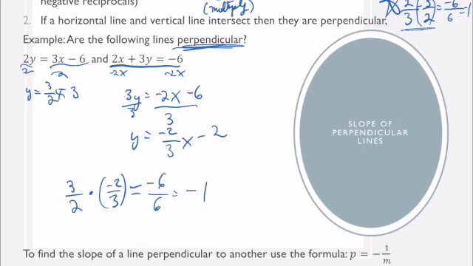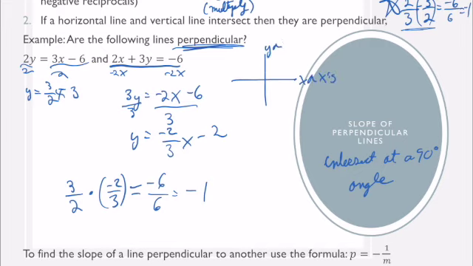So these lines are perpendicular, meaning they intersect at a 90-degree angle. I didn't say that, did I? Okay, perpendicular lines intersect at a 90-degree angle. So like my x-axis and my y-axis, those are perpendicular even though the slopes of their lines isn't -1.